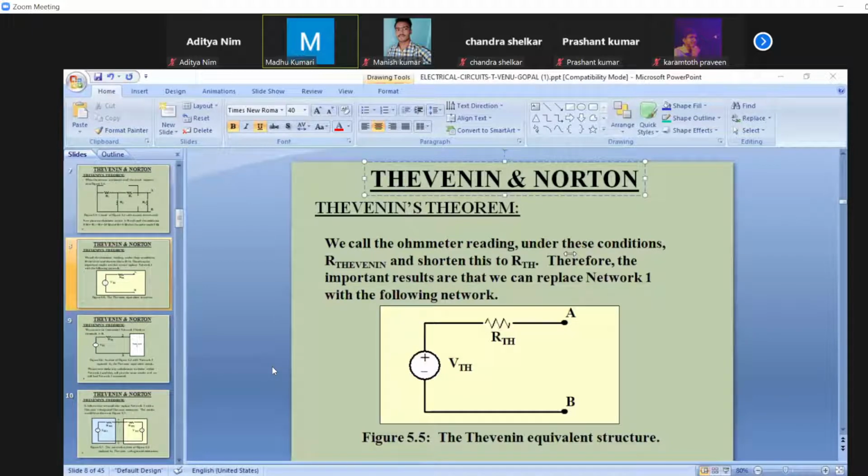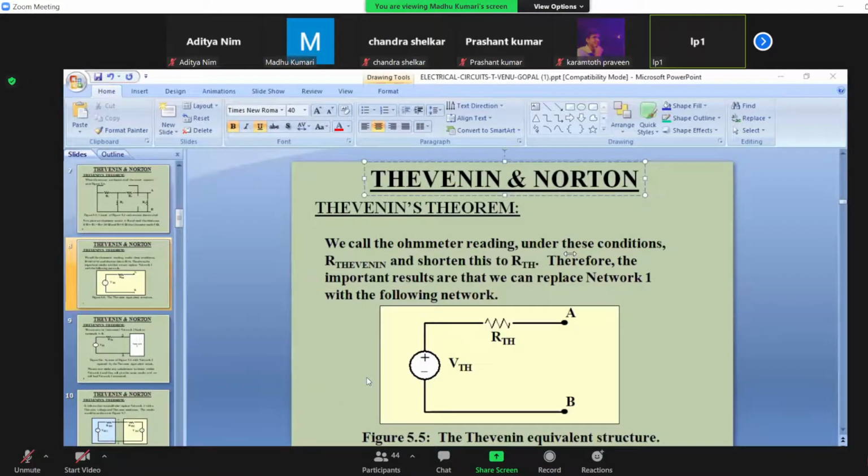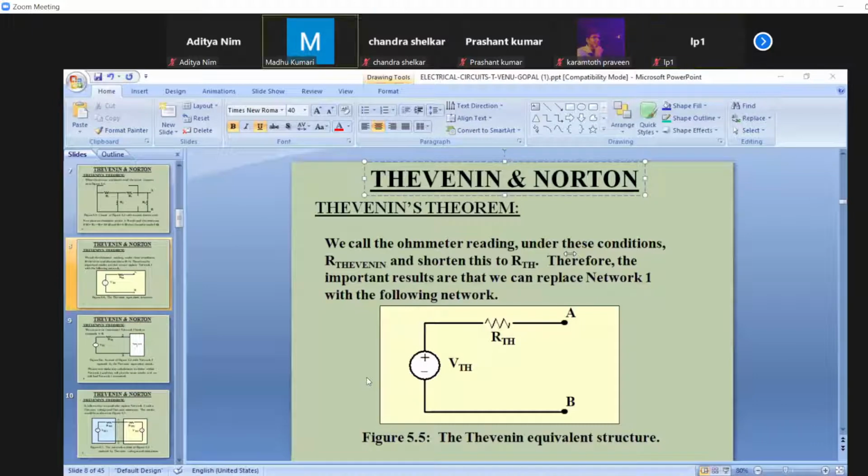Now, first of all, in Thevenin's theorem, see the network in which two types of sources are available: voltage source and current source. If you have the BL Theraja book or PDF, open the book. If a voltage source is there, it will be short circuited, and if a current source is there, it will be open circuited.